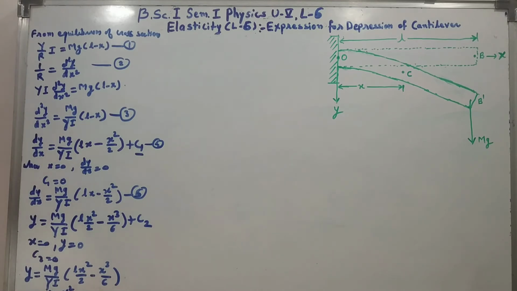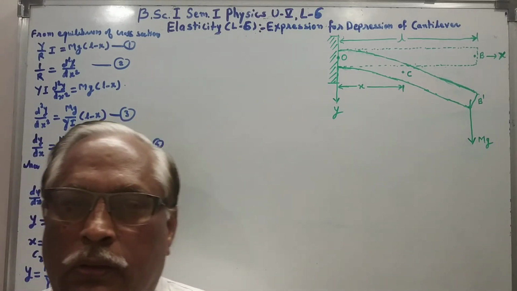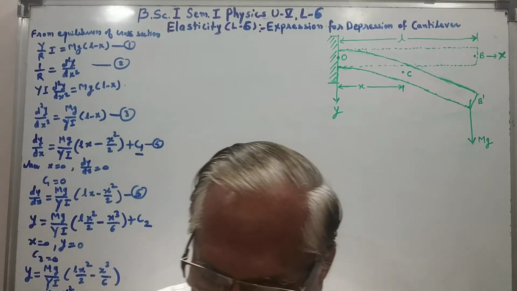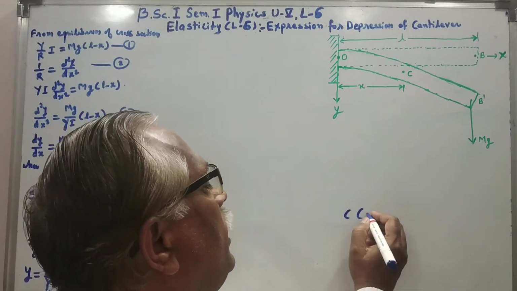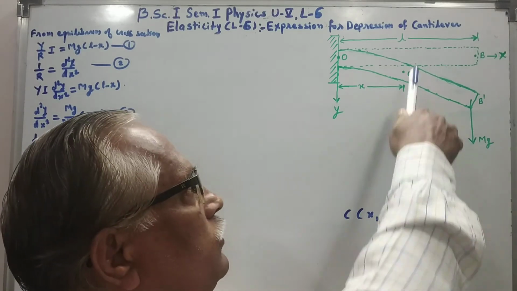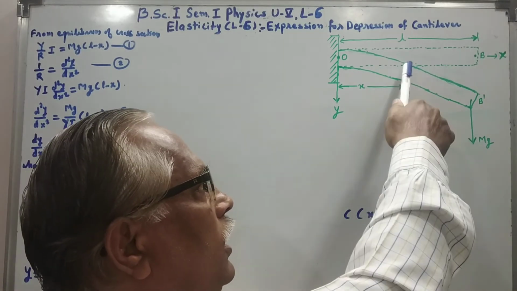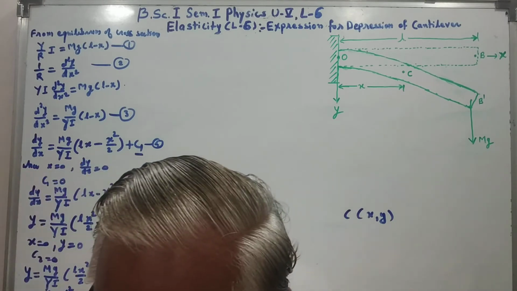So this equation gives the depression of the neutral axis at point C, XY.